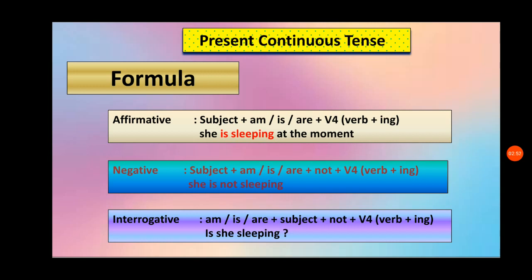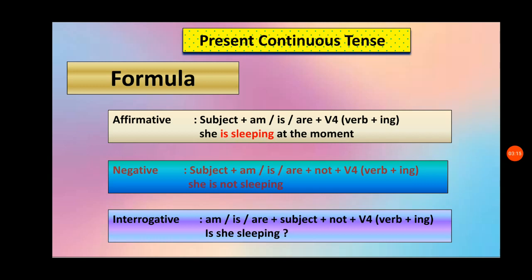She is sleeping at the moment. So here you can find a sentence. She is sleeping. Here is a be verb. Sleeping is a present participle. And at the moment means at present, she is sleeping, so it is going on continuously.